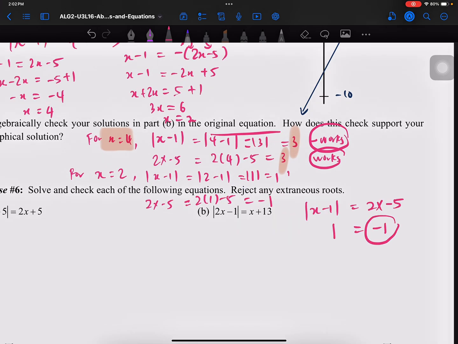So we will choose x equals 4, because left and right both work. Because 3 is equal to 3. Here, 1 is not equal to negative 1. So not equal.